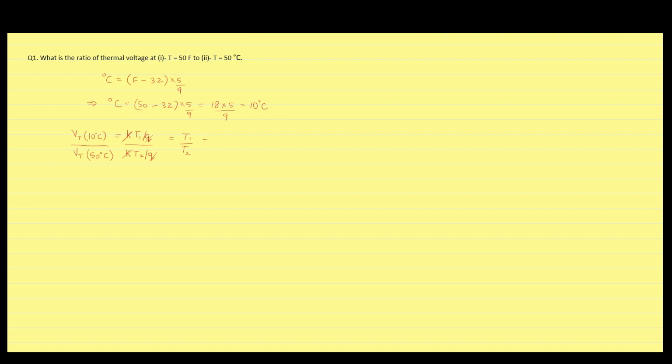Therefore, we have to convert this temperature which is present in degrees Celsius into Kelvin. So, we will get 283 divided by 323. The ratio will come out to be approximately 0.876.